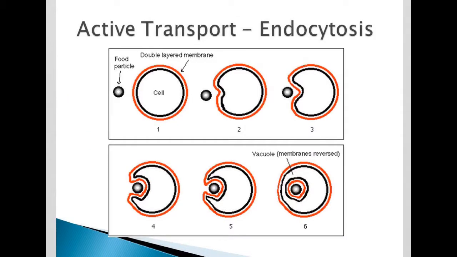So these are sort of images of active transport in terms of endocytosis. The food particle comes in, we sort of create like a Pac-Man-esque thing here. The cell closes around the food particle, ultimately comes together and pinches off, and you then have the cell membrane back intact, and then a food vacuole or vesicle, which might then merge with a lysosome to break that food particle down.